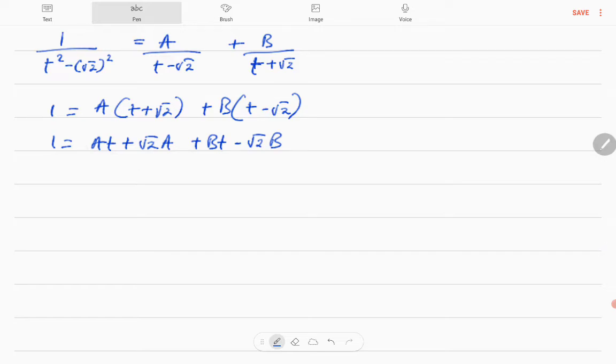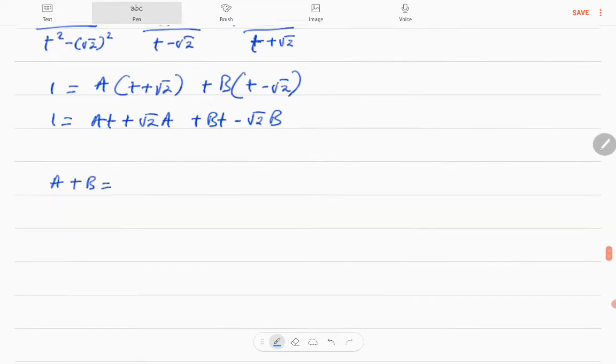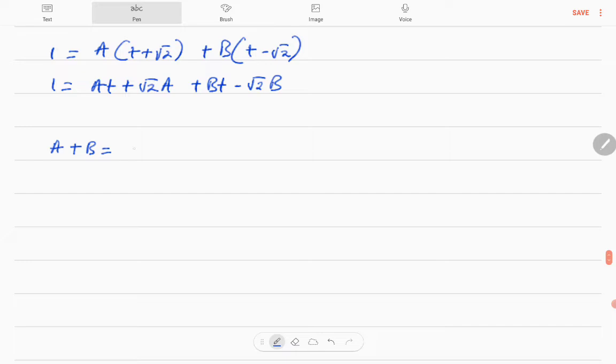You don't have a t term on the other side, so I'm going to make A plus B, that's the coefficients of t, equals to 0. And then for the constants, I'll have root 2A minus root 2B equals to 1. I'm going to call this equation 1 and equation 2. From equation 1, I can have A equals to minus B.